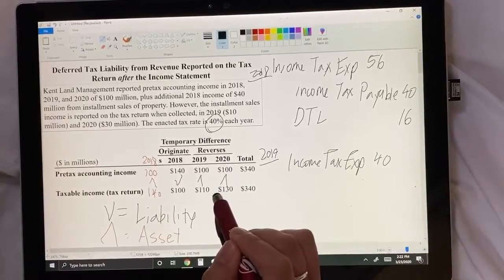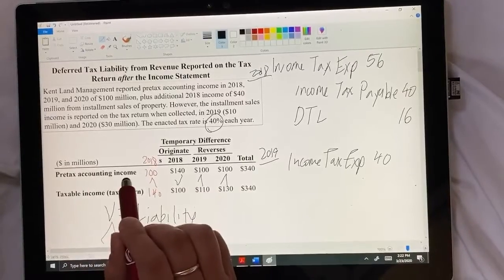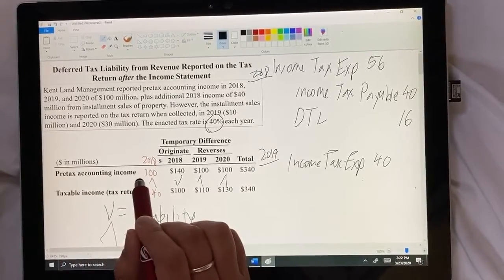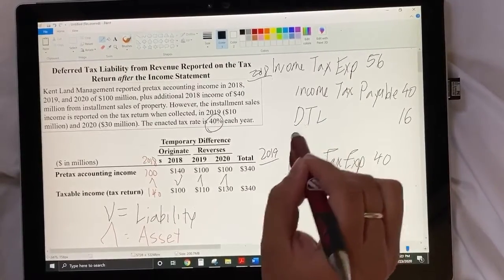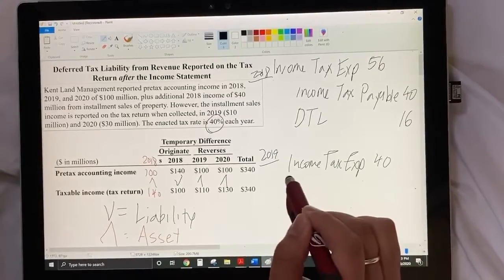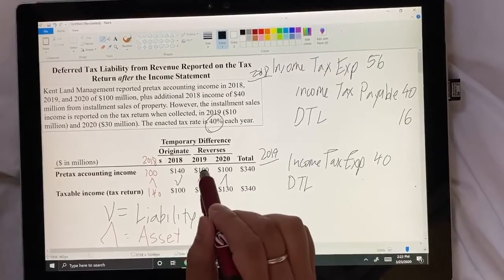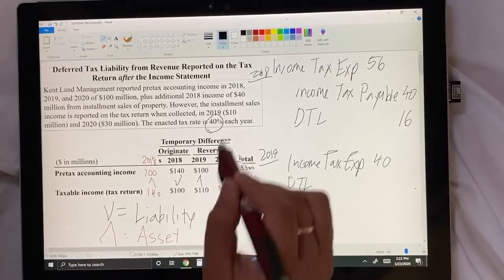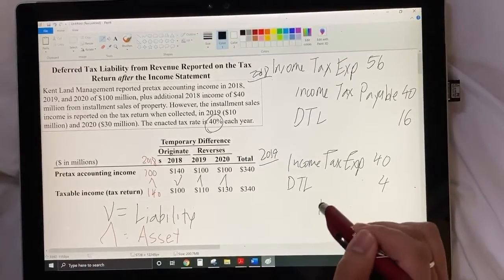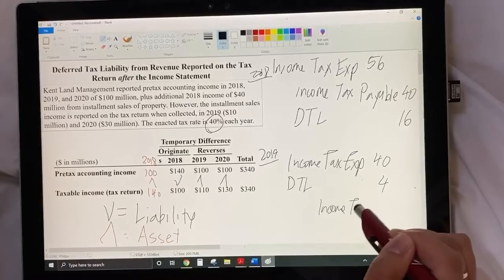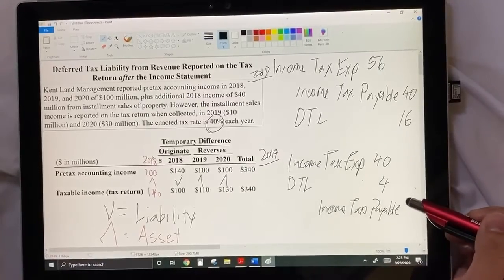And now, since the taxable income is greater than the pre-tax accounting income, instead of having your deferred tax liability as a credit, it now becomes a debit. DTL is going to be the difference of 110 minus 100, which is 10, times the 40%, which is 4. And then you credit your income tax payable, which is 44.